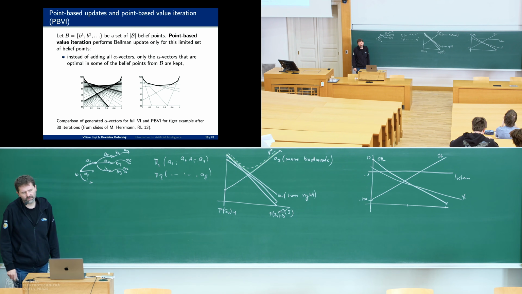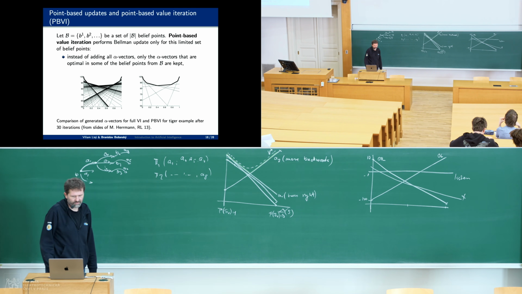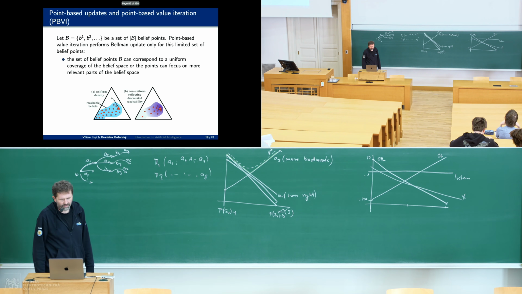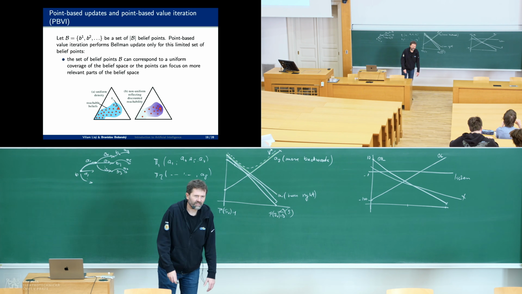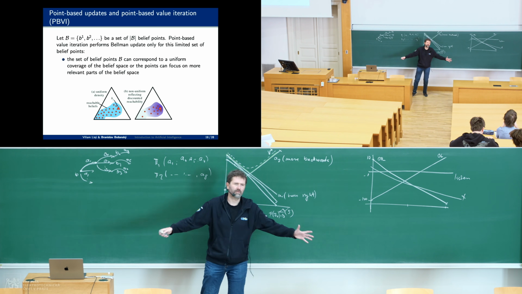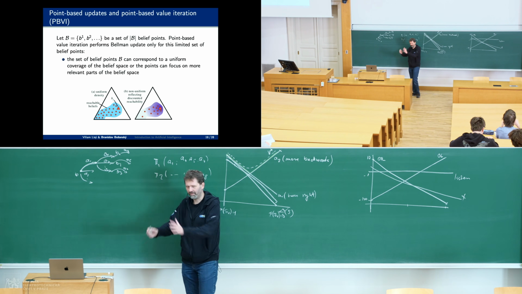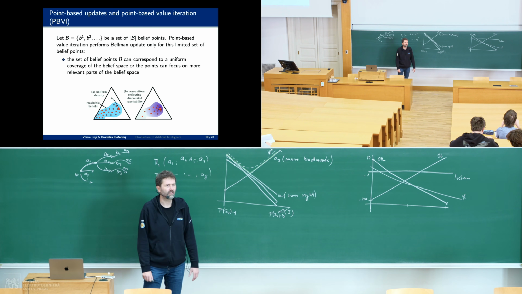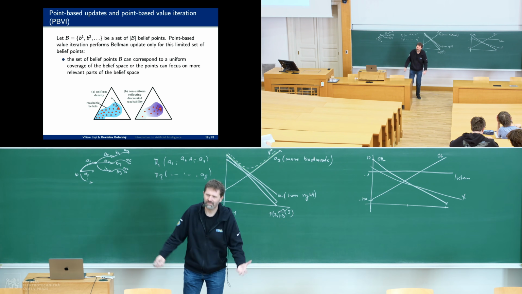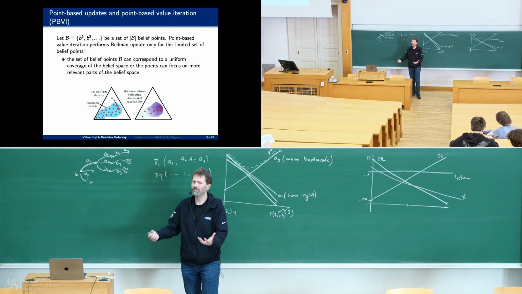So this is the main advantage. The main disadvantage is, of course, it's easy to say that, okay, I'm just going to subsample the number of belief points and I will keep information only about those belief points. The question is, how are you going to subsample those important belief points?